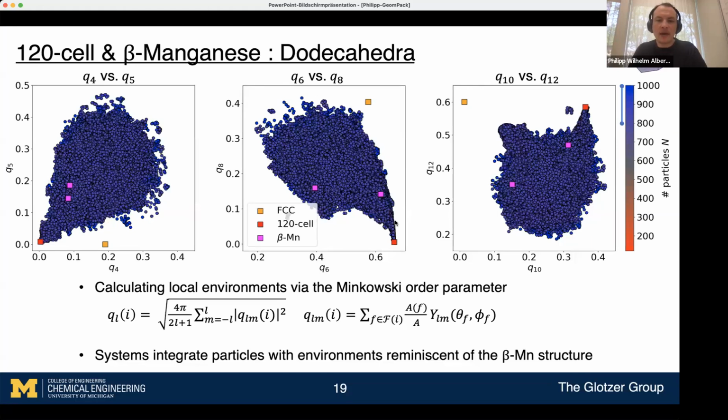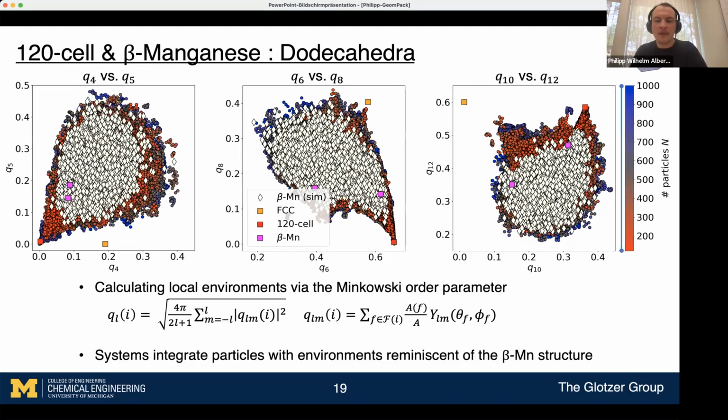So this means that there are some remnants of the 120 cell still present in the beta manganese structure. And we can even compare this to a simulation in Euclidean space which forms a beta manganese structure, and we can see that they perfectly cover exactly this kind of region, which is also present in curved space.